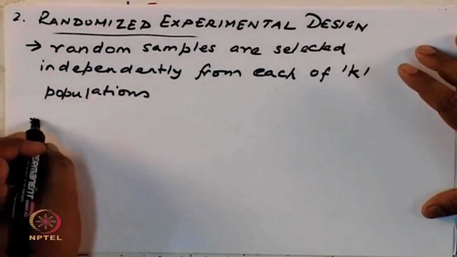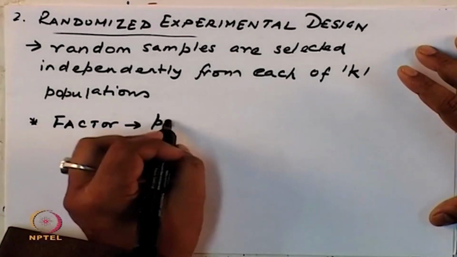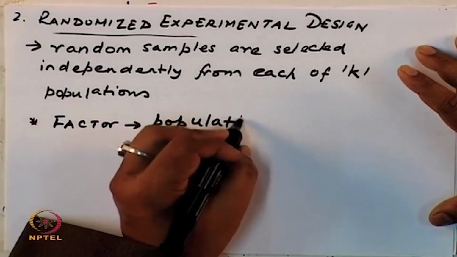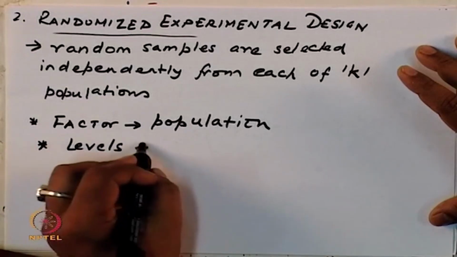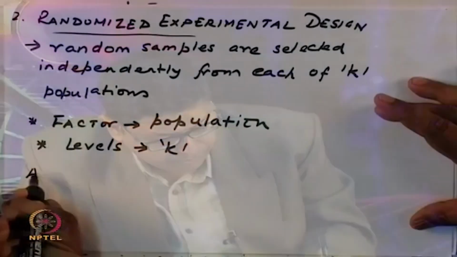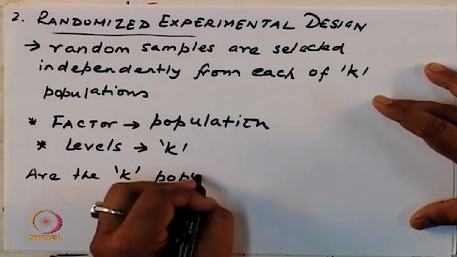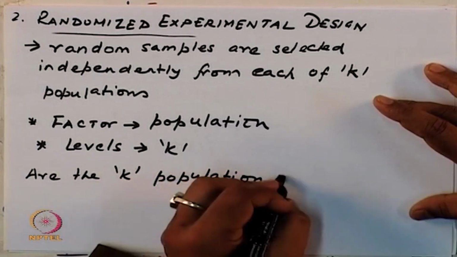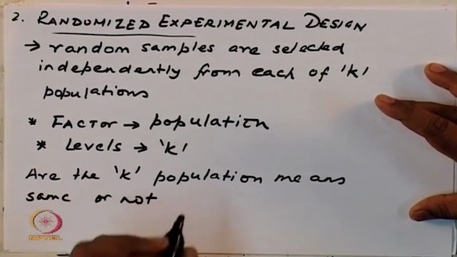So, in this, of course, your factor is the population itself. Your number of levels are k, as there are k subpopulations. Okay. So, the question with these designs, with these experiments you want to address is, are the k population means same or not? Okay.